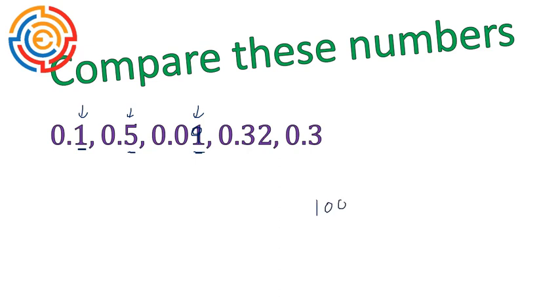Just like 100 is larger than 90 because of its place value. This is 1/10, the first one, 5/10, the second one. This is now 9/100. I'm going to leave it as a 9 just to demonstrate that the digit itself is not as important as the place value.